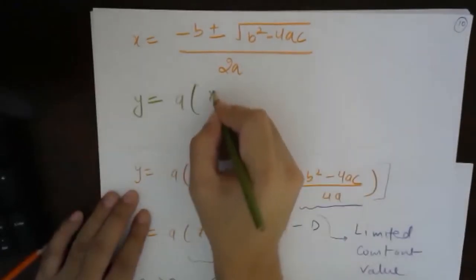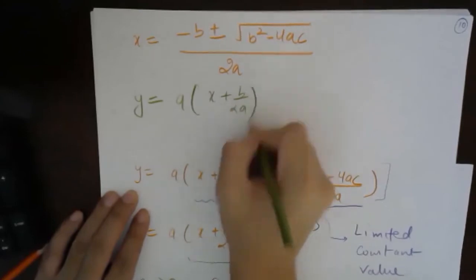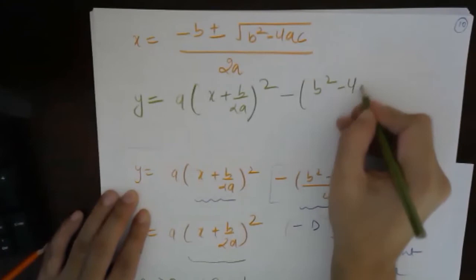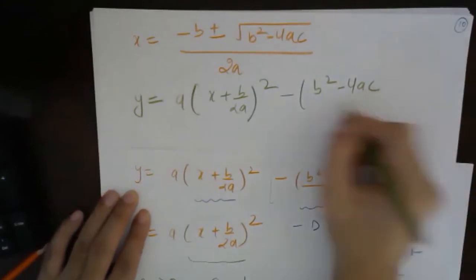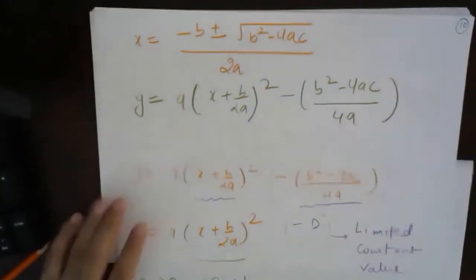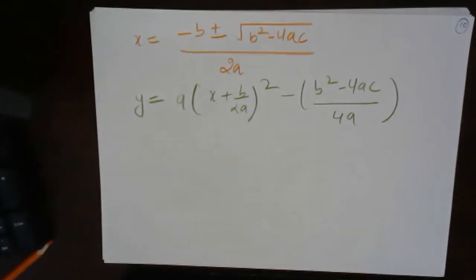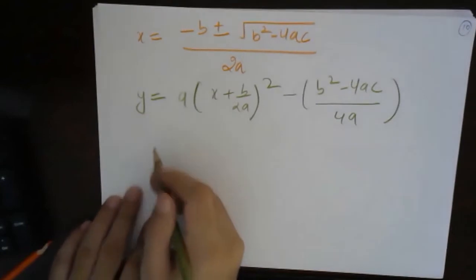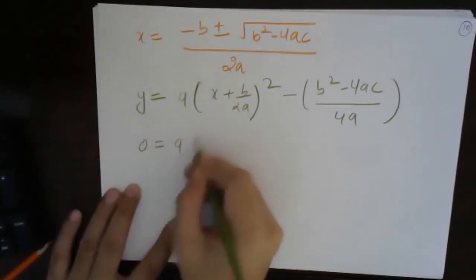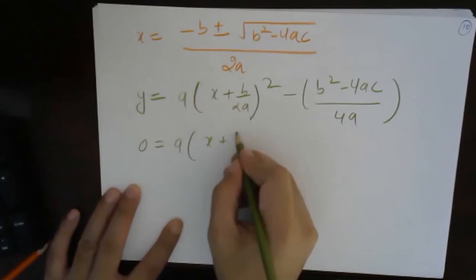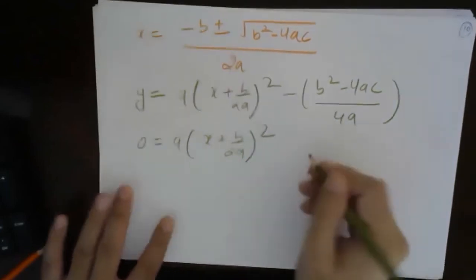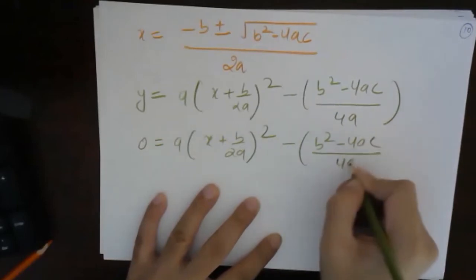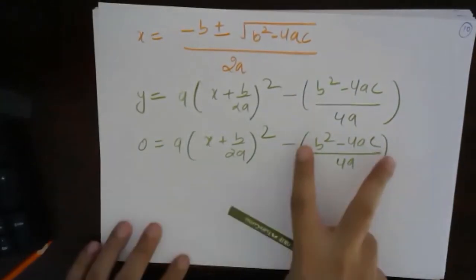Quadratic equation means y is equal to 0, so I will equate this equal to 0. So 0 is equal to a into x plus b by 2a whole square minus b square minus 4ac by 4a, right?